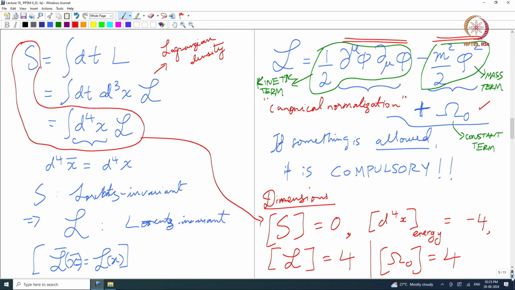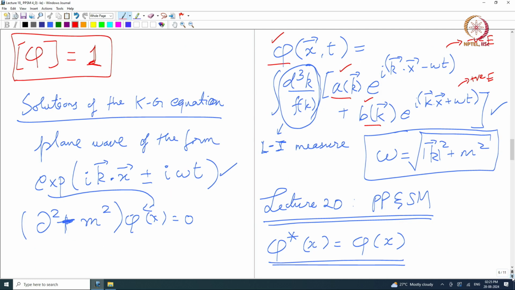So where is that? Here, there you go. When I wrote down the Lagrangian, I already wrote down the omega naught term, because just like Einstein was forced to write his constant term, we were also forced to write this constant term in the Lagrangian, because it satisfied all the symmetries that we wanted, Lorentz invariance and so on. So what about that omega naught term?